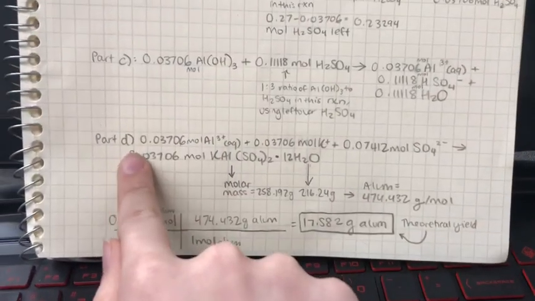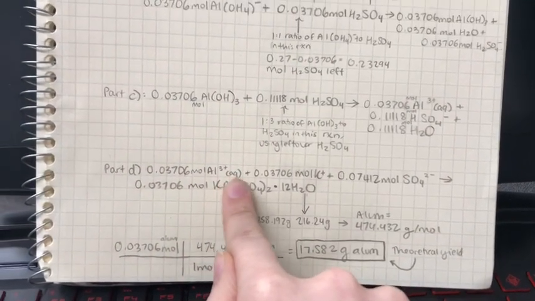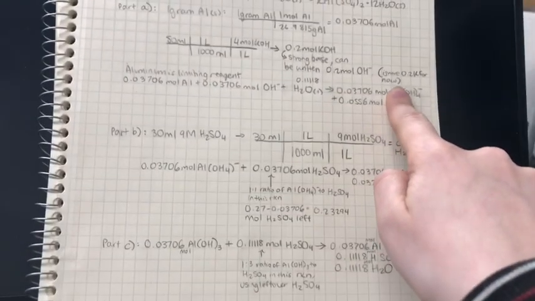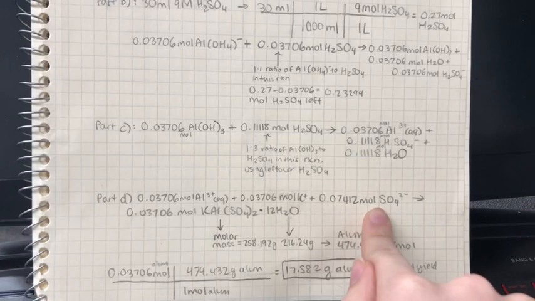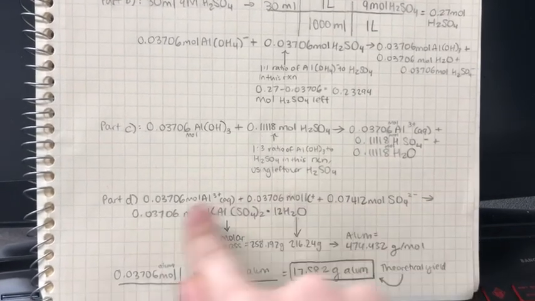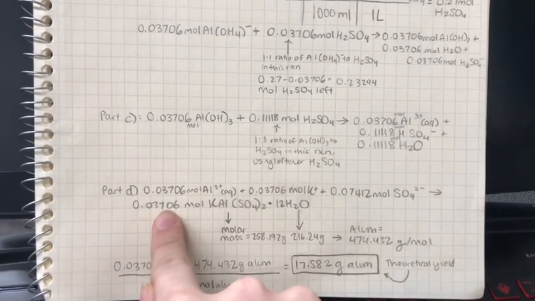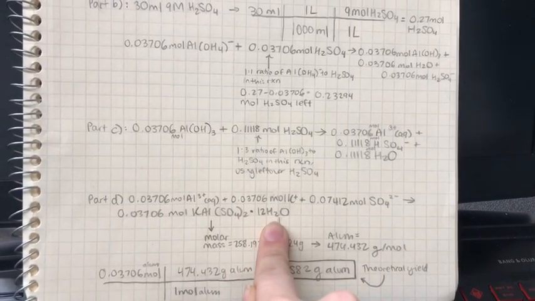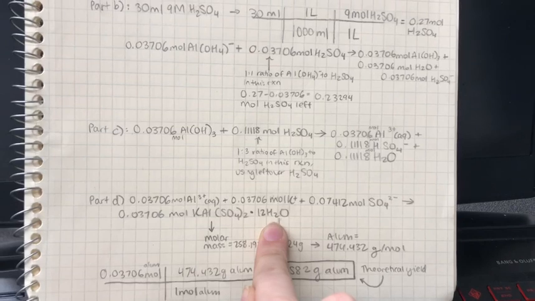In part D, these aluminum ions are reacting with some of the potassium ions from up at the top here, as well as SO4 minus, to produce 0.03706 moles of alum, which is hydrated with 12 molecules of water.